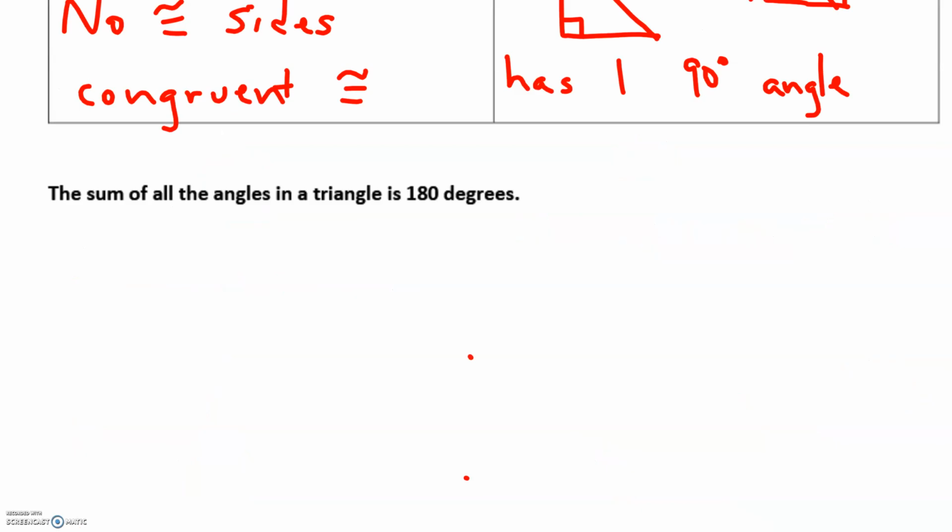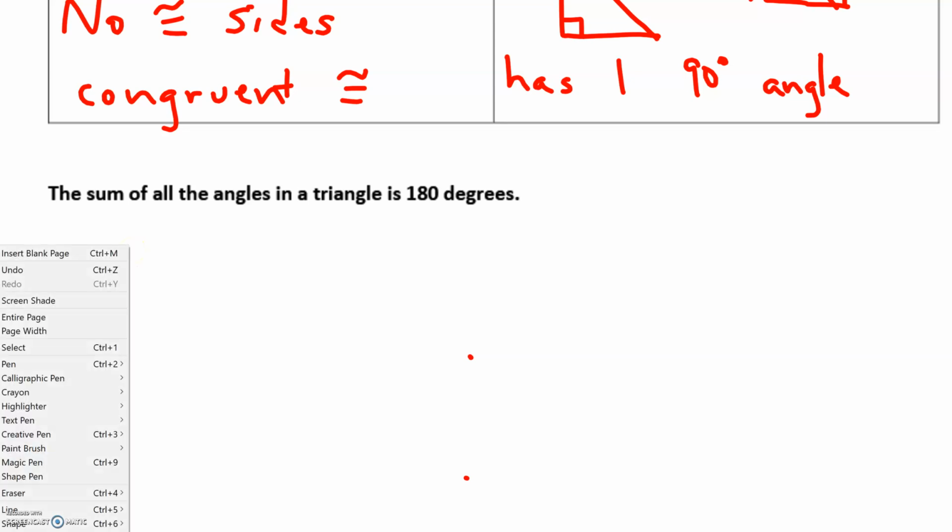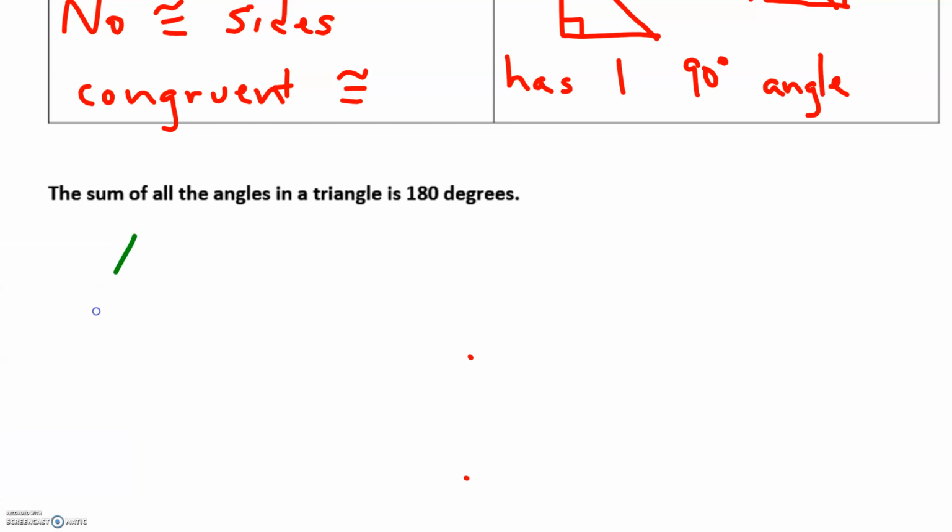All right, one last thing I'd like to talk about is that the sum of all the angles in a triangle is 180 degrees. So just a minute ago, we talked about that equilateral triangle, and I told you that when it has equal sides, the angles opposite those equal sides have the same measure. Let me show you what that looks like here. So I'm going to try my best here.